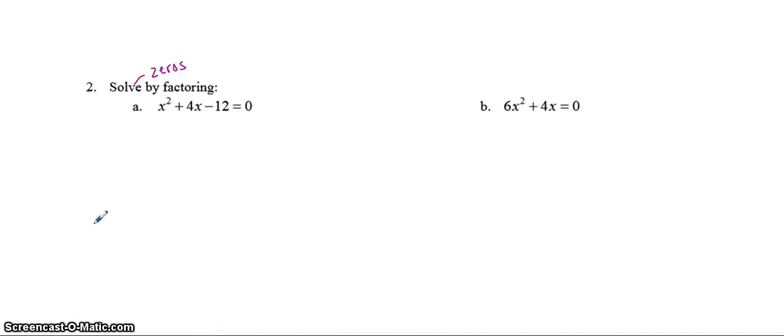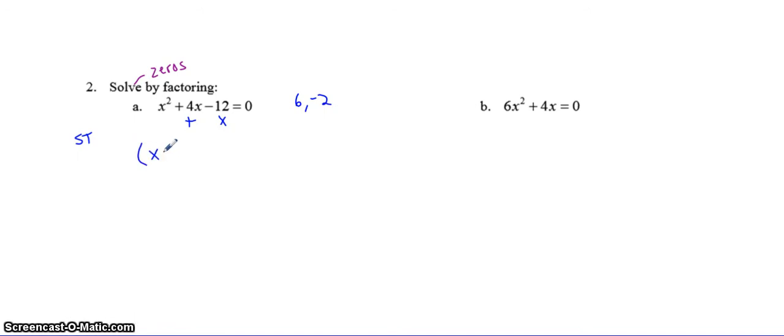So the first thing you had to do is to figure out what type of factoring this was. So this is a simple trinomial. So what are two numbers that multiply to negative 12 and add to 4? Those numbers are 6 and negative 2.